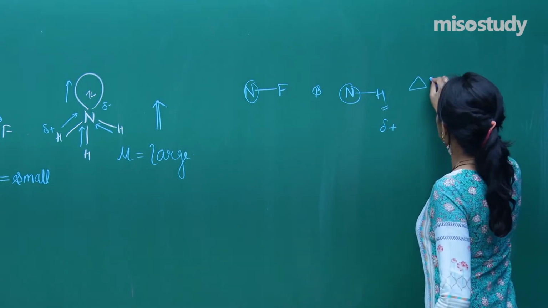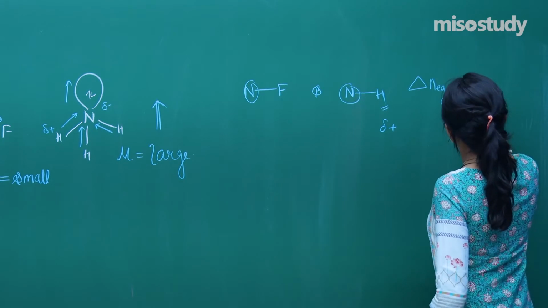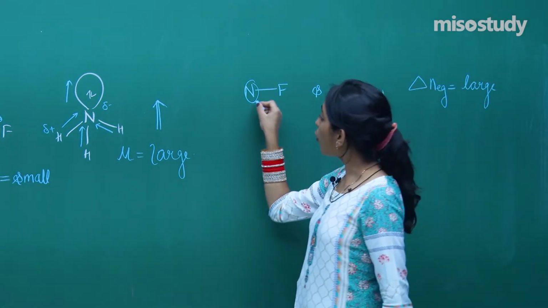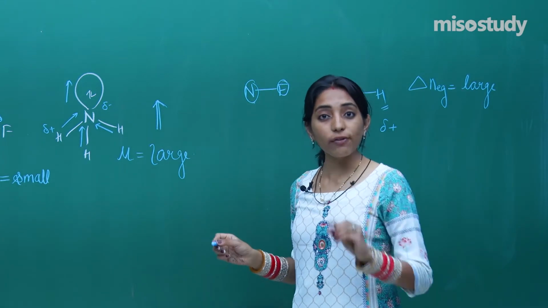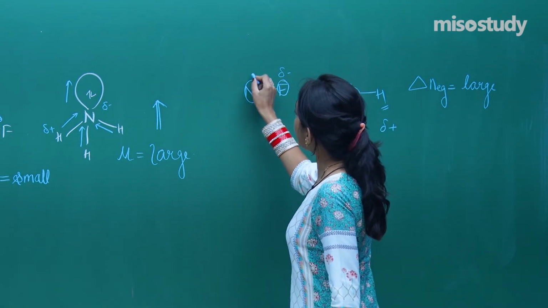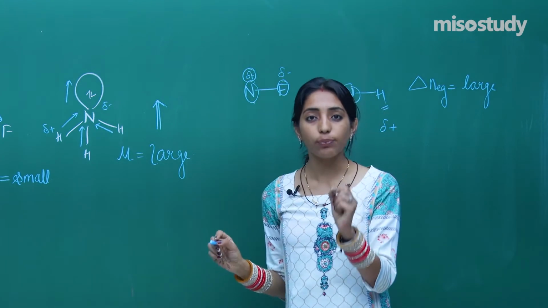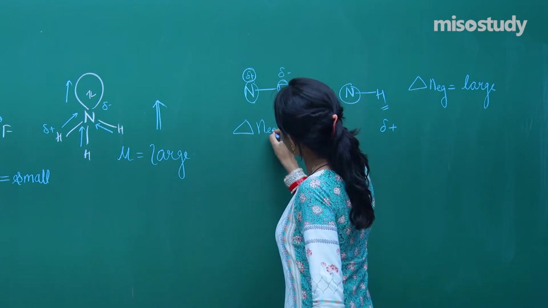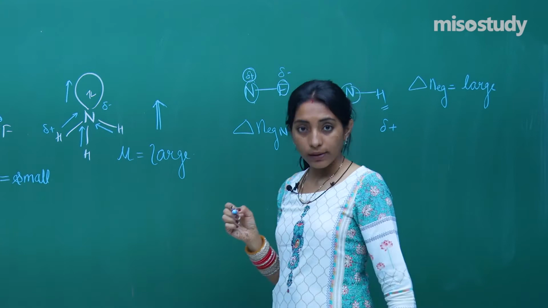So the electronegativity difference in the NH bond is a large value, right. Whereas both nitrogen and fluorine are electronegative and there is a very small difference in electronegativity. That means when I say fluorine is delta negative, then nitrogen will have a delta positive, but that will be a very small value, okay. So the difference in electronegativity in the NF bond is less, fine.